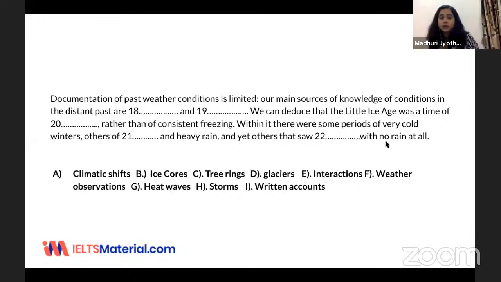Okay, so what you do right now is how to solve this. Okay, so how to go about with summary completion kind of a question. So you read the tips, and you can try and solve this.